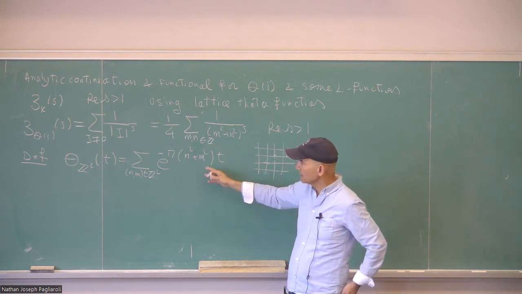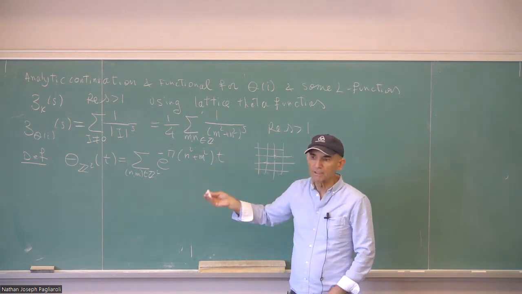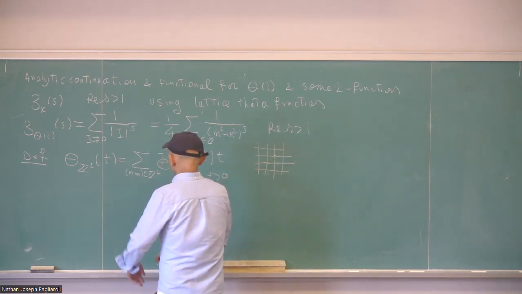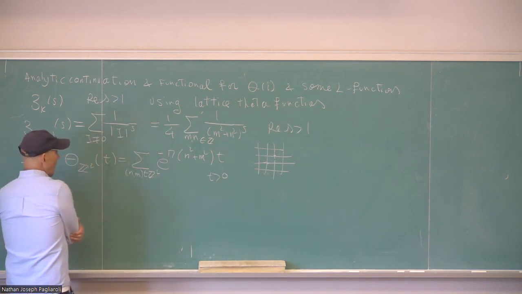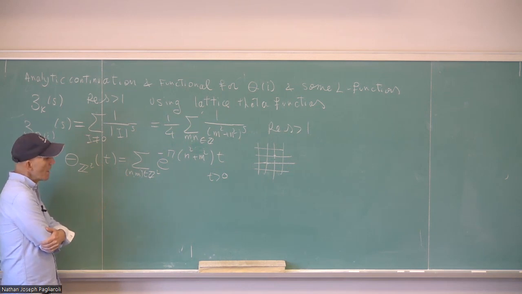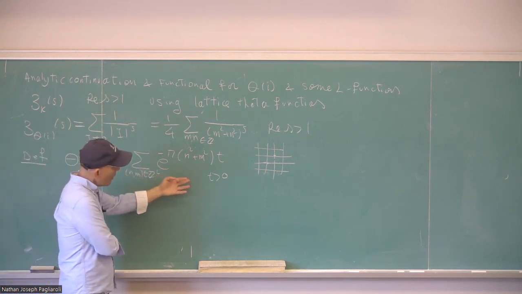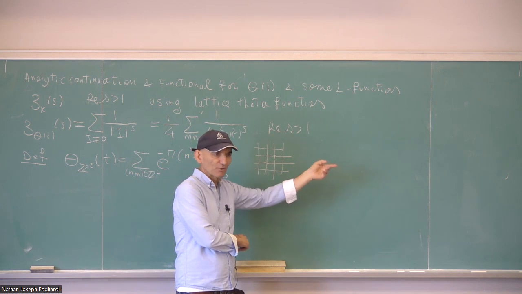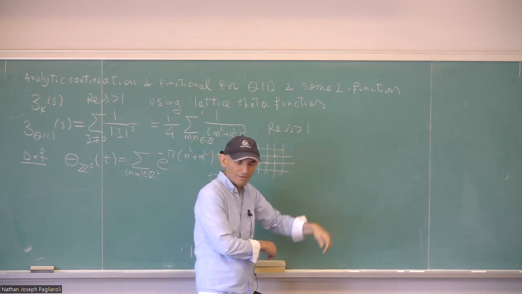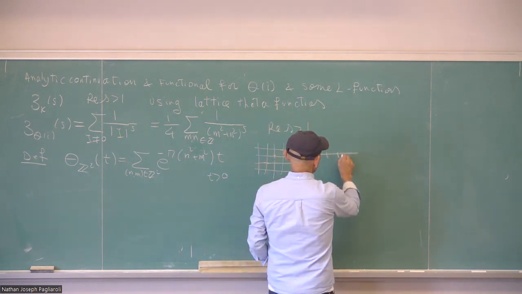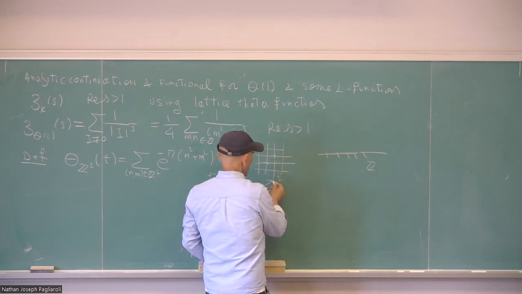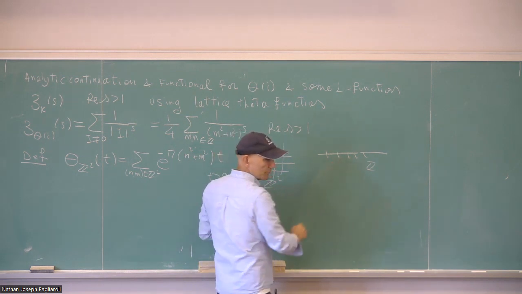And obviously this sum is convergent if t is positive. That's a very nice sum. It's an analog of the one-dimensional lattice function, which we had as a subset of R; before we had Z. Here we have Z^2, and for this also we have a theta function.